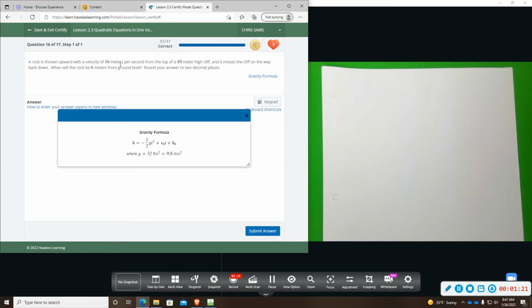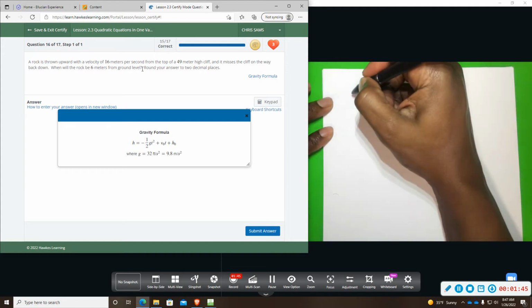We are given meters per second. So you have 2 iterations of gravity. You have 32 feet per second squared, and then you have 9.8 meters per second squared. So we want to use the 9.8 because we are given in terms of meters, and we want our units to match up. Okay, that being the case, I'm going to write down the formula for number 16.